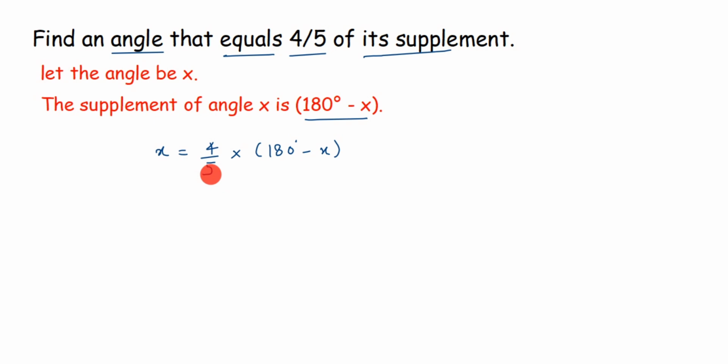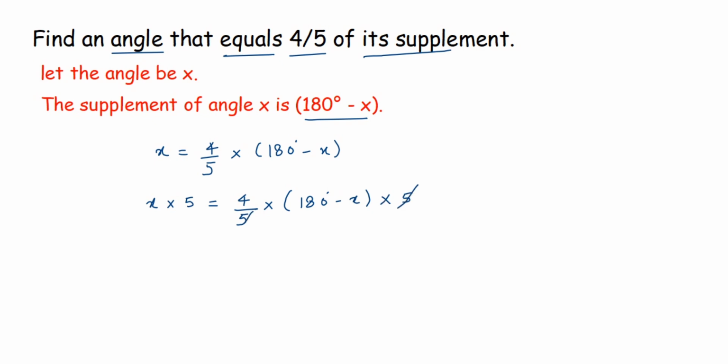Whatever you do on the right side, you have to do the same on the left side. So x times 5 equals 4/5 times (180 degrees minus x) times 5. Now on the right side, 5 and 5 get cancelled.